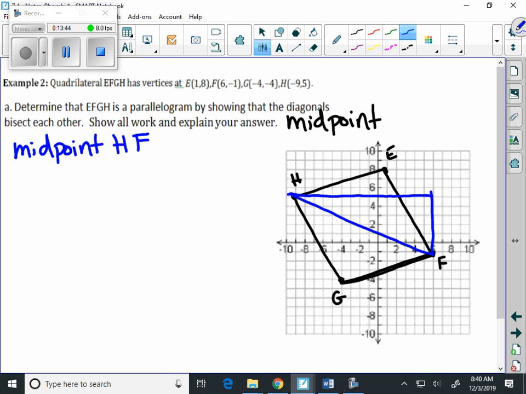And what we did is we went up 1, 2, 3, 4, 5, 6. We went up 6. And we went left 1, 2, 3, 4, 5, 6, 7, 8, 9, 10, 11, 12, 13, 14, 15.